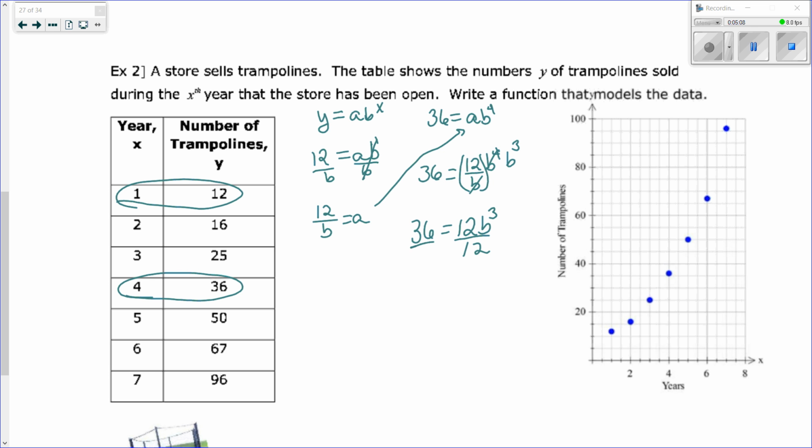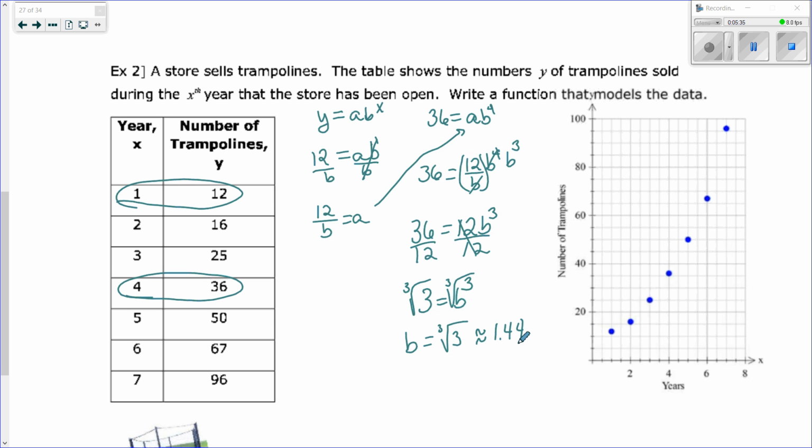Divide by 12. So that'd be 3 equals b cubed. And we'll have to take the cube root of that. So b is equal to the cube root of 3, which is approximately 1.44.